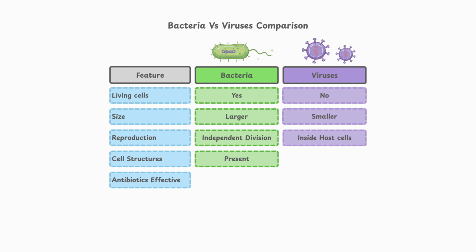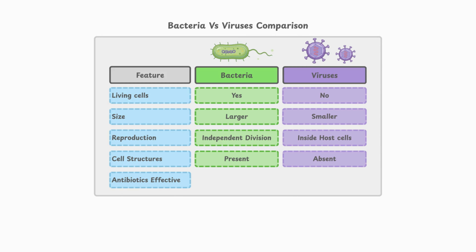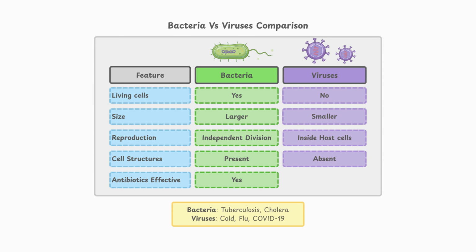Bacteria contain cell structures such as a cell wall, cytoplasm, and ribosomes. Viruses do not have these structures. This difference is important because antibiotics target structures and processes found in bacterial cells. As a result, antibiotics can be used to treat bacterial diseases such as tuberculosis and cholera. However, they cannot be used to treat viral diseases such as the common cold, flu, or COVID-19.